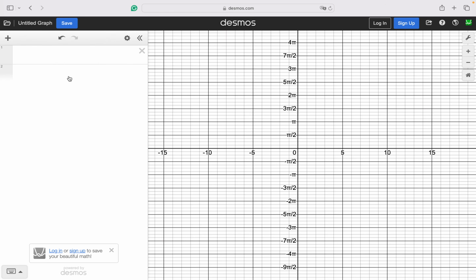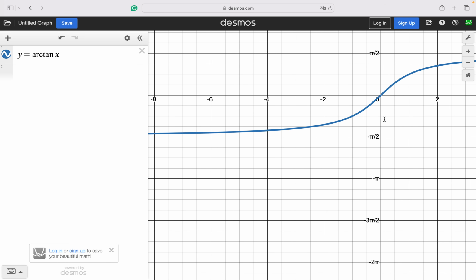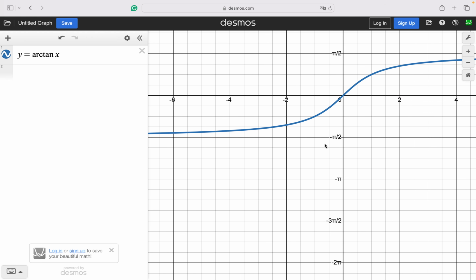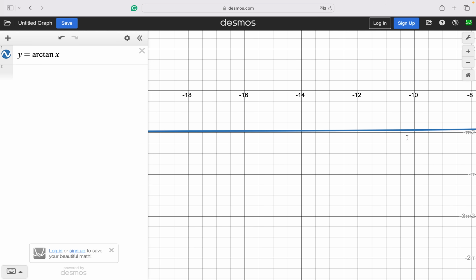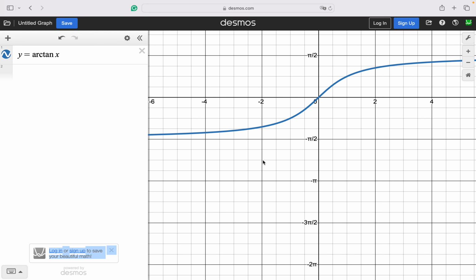Let's input the function y equals arctan of x. As you can see here, as your value of t or your domain approaches negative infinity, the value of the function approaches negative pi over 2. So the limit is equal to negative pi over 2.